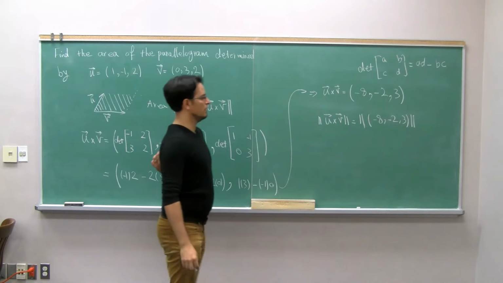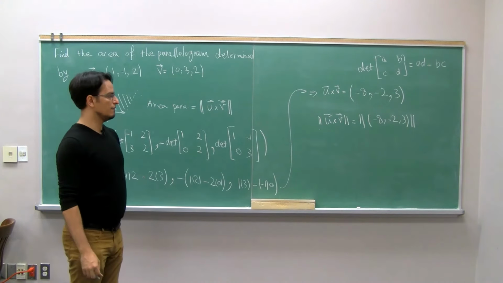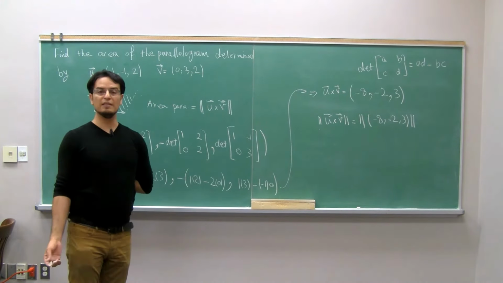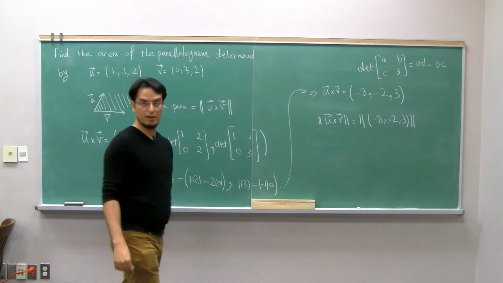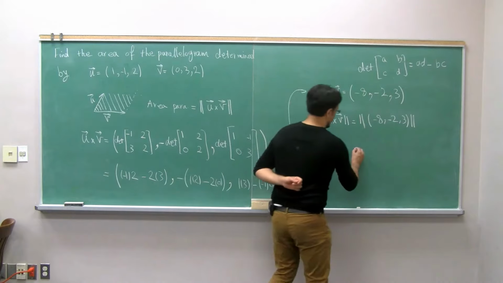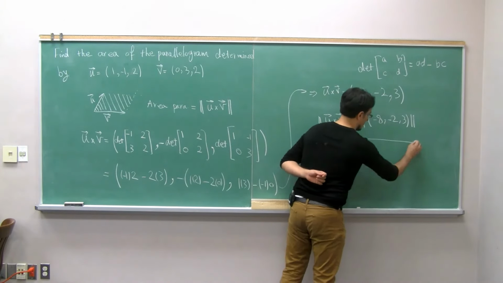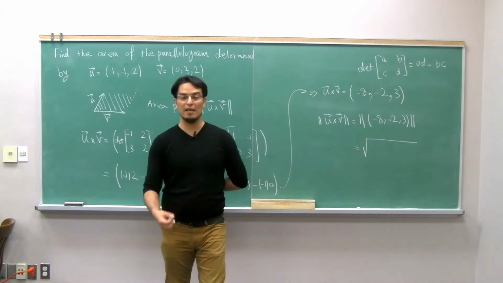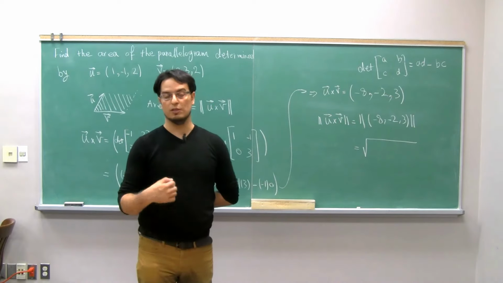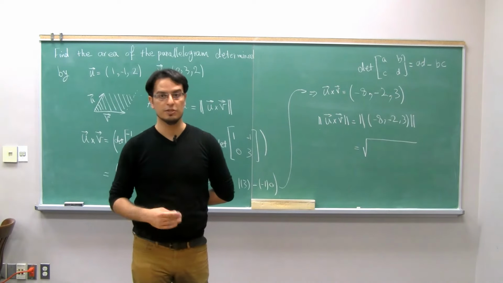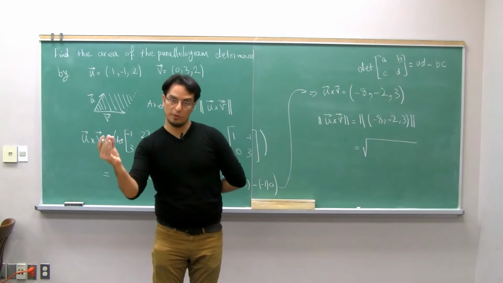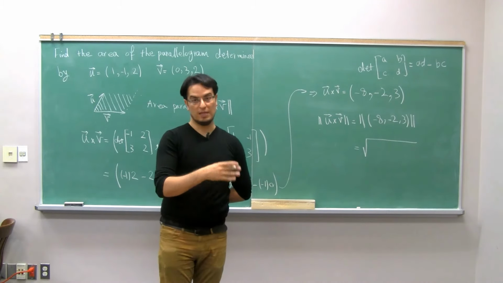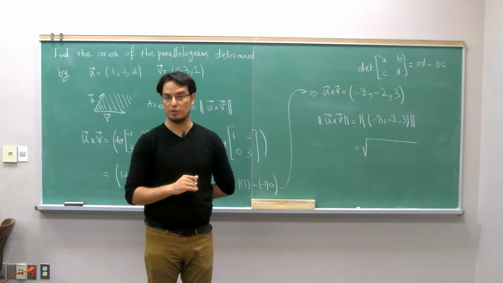I have a vector, and if I find the length of that vector, that gives me the area of the parallelogram. Here, recall that the length of a vector in R3, or in Rn in general, is that you square each component, add them, and then find the square root of that number.